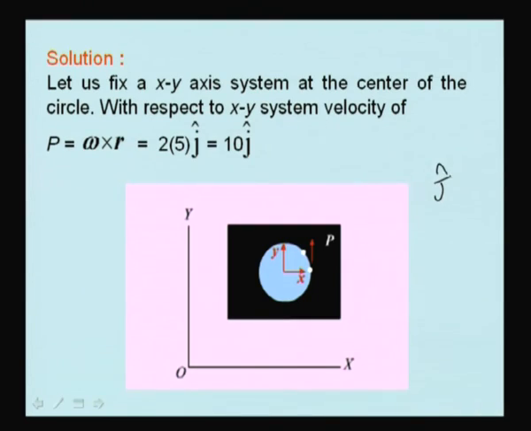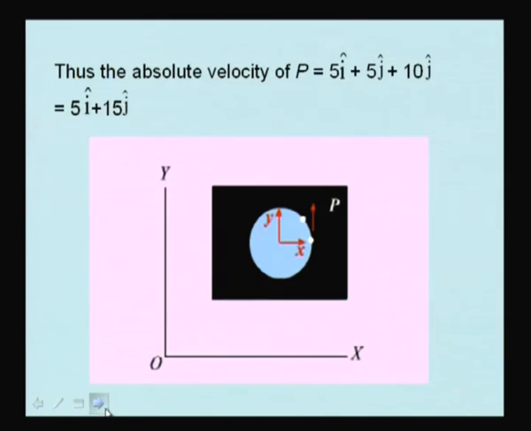Of course, in this particular case, capital J will be the same as small j. So, one has to always pay attention to which system the unit vector is expressed in. So, with respect to the xy system, the velocity of point P has been specified as 10j.